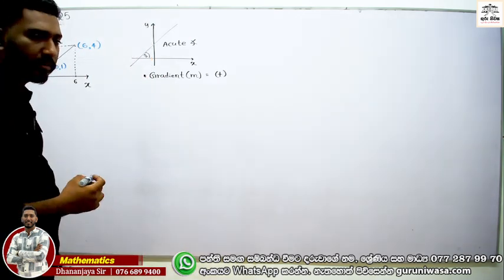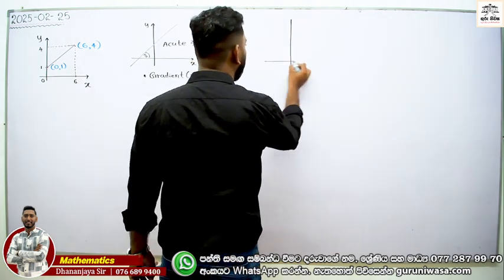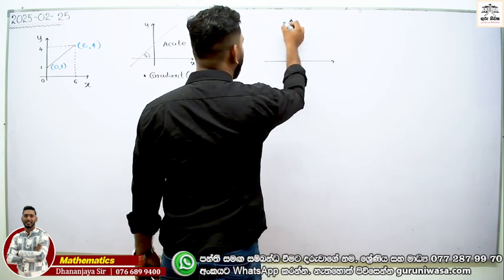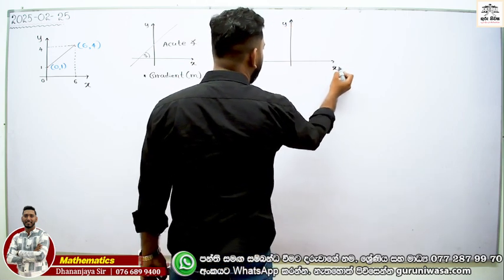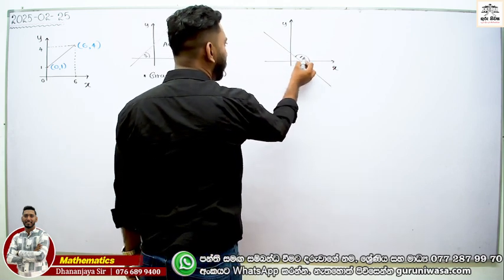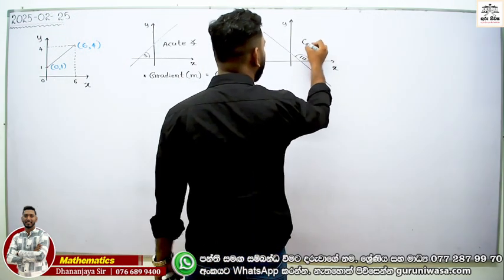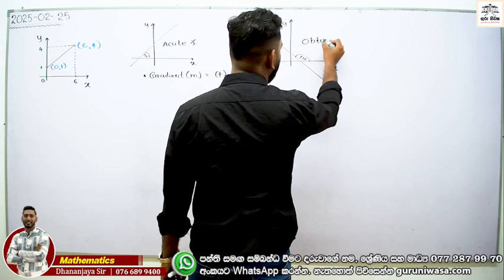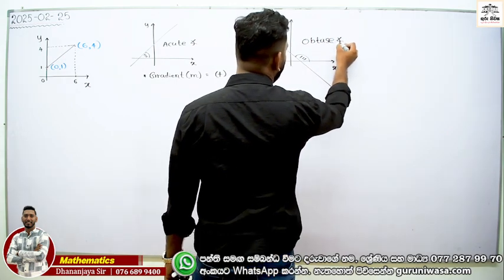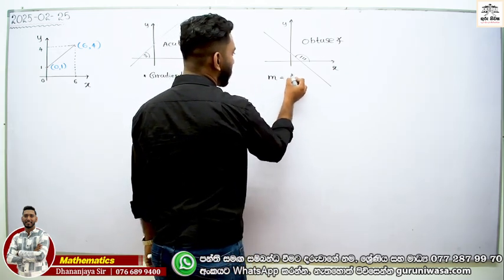The other case: look at the graph, y and x like this. Now the angle with the positive side of the x-axis becomes an obtuse angle. Therefore the gradient becomes negative.